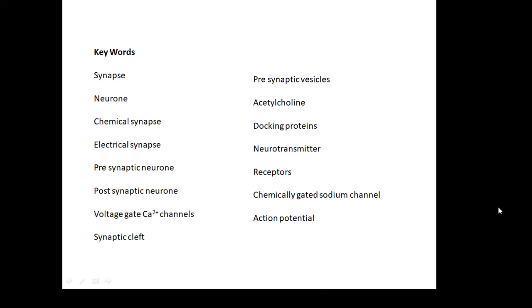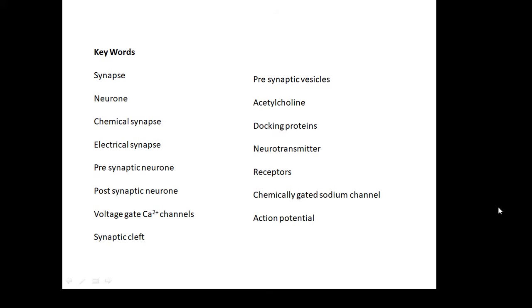Here are the key words that you should know the meaning of. The synapse is the link between the two neurons. A neuron is just a nerve cell. Chemical synapses, that's what we're interested in, not electrical ones. You've got your presynaptic neuron and your postsynaptic neuron, kind of before and after.